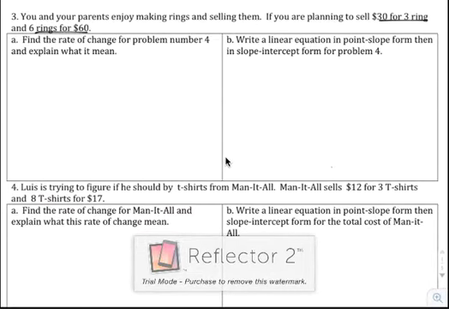Write a linear equation in point slope form, then in slope intercept form in problem 3. Okay, so you take the rate of change. Point slope is y minus y1 equals m parentheses x minus x1.